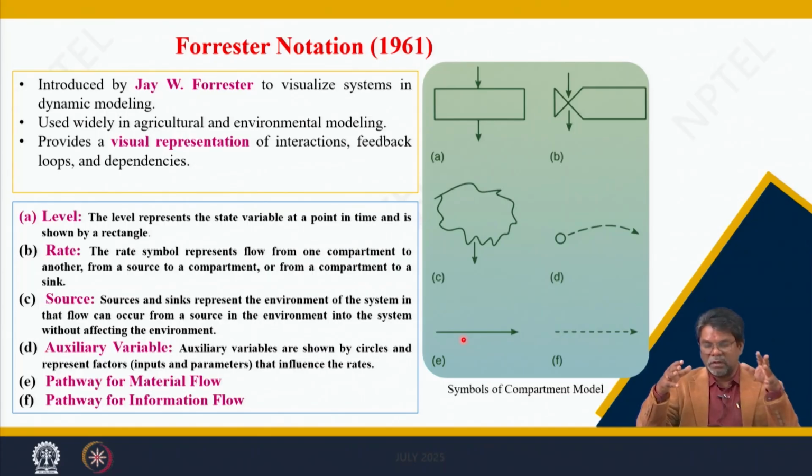This talks about the resources, the water or the biomass or the carbon resources, how they are acquired, distributed and partitioned between the plant components, crop components, that is represented through the solid lines, a pathway for material flow.